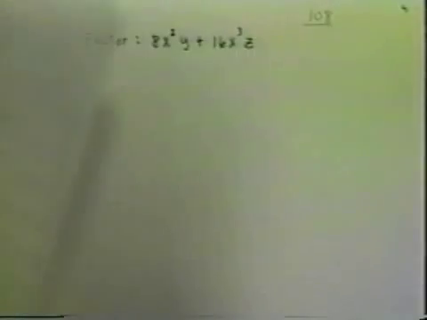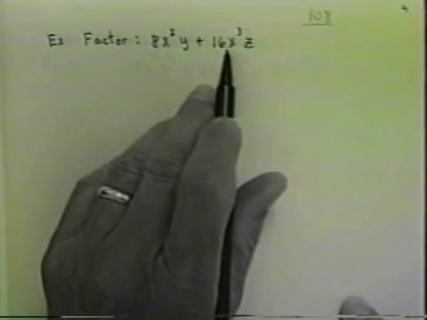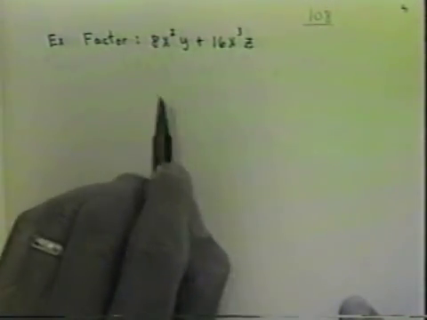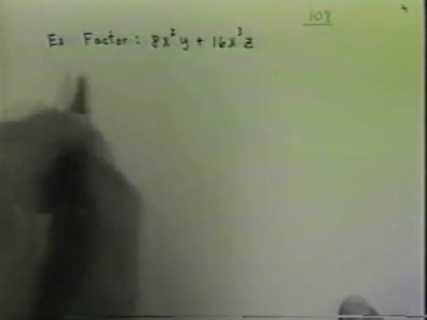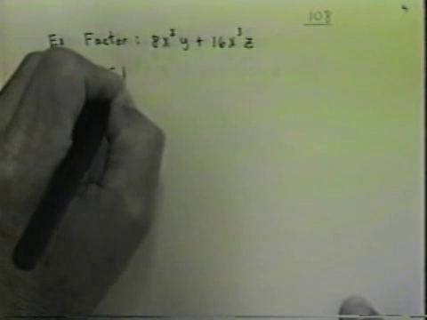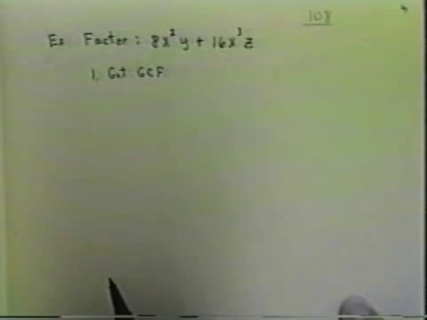Let's look at an example. Let's factor 8x squared y plus 16x cubed z. For the first factor, I'm going to put one here, we want to get the greatest common factor. We want to get the GCF.